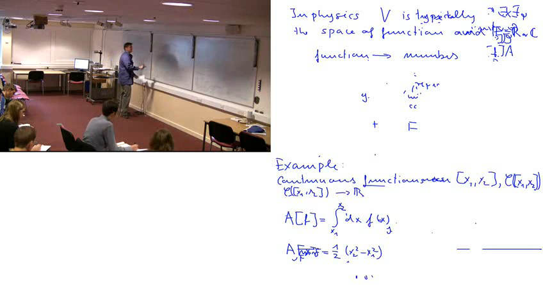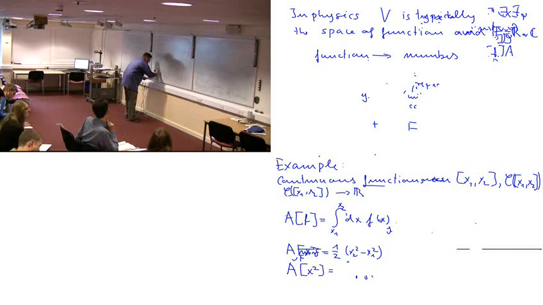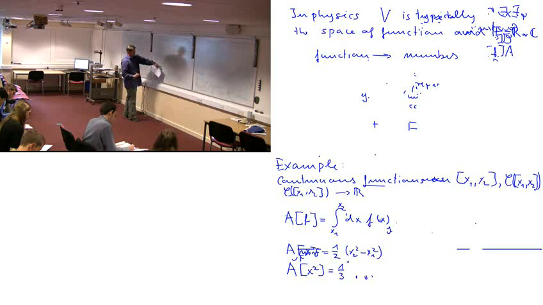So that is the functional evaluated on the function, which is simply x. Similarly, we can evaluate the functional on x squared, and that's, of course, a different number.